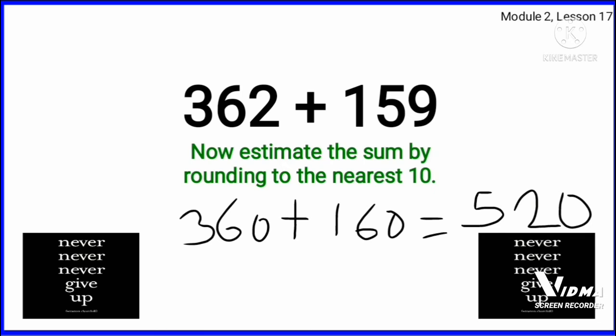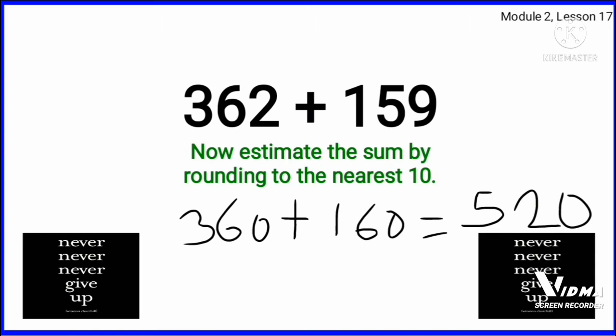Midway is 155. 159 is closer to 160. So we'll round it off to 160. So we can now add 360 plus 160, easier to add, 520.